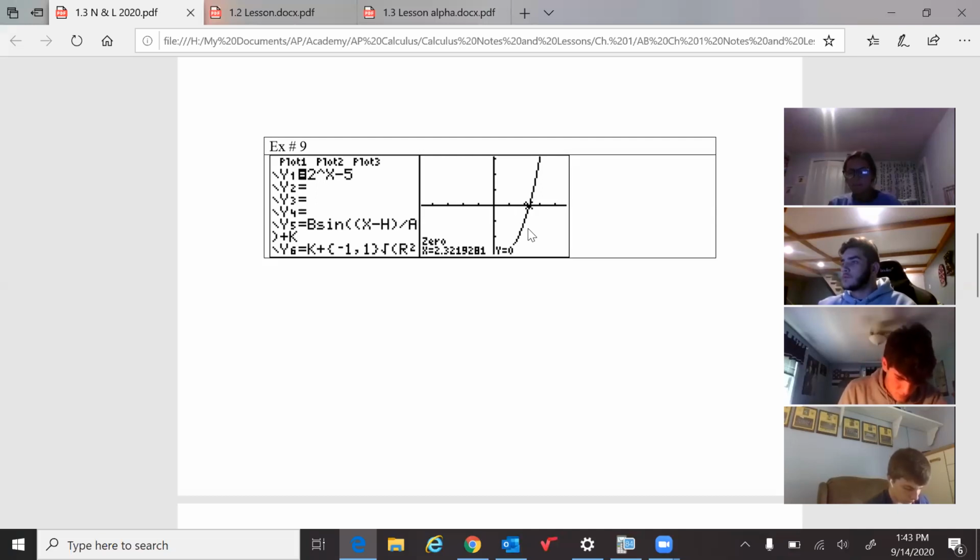And you have to surround the 0 you want, because in this case there's only 1 0. But if you had a cubic, something with more than 1 0, the calculator is asking you for more information. Once you do that, you get this output at the bottom of the screen when you've identified the 0.